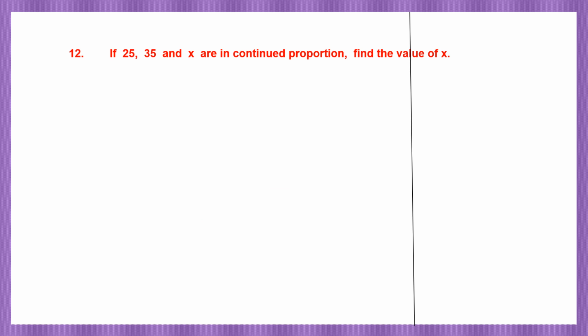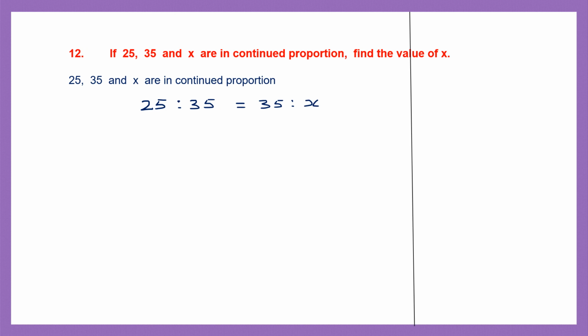Question 12. If 25, 35 and x are in continued proportion, find the value of x. So 25, 35 and x are in continued proportion. So let's write out our ratios. 25 is to 35 will be equal to 35 is to x.